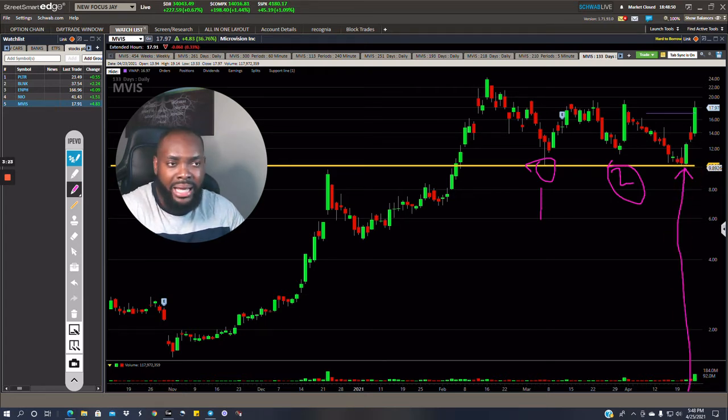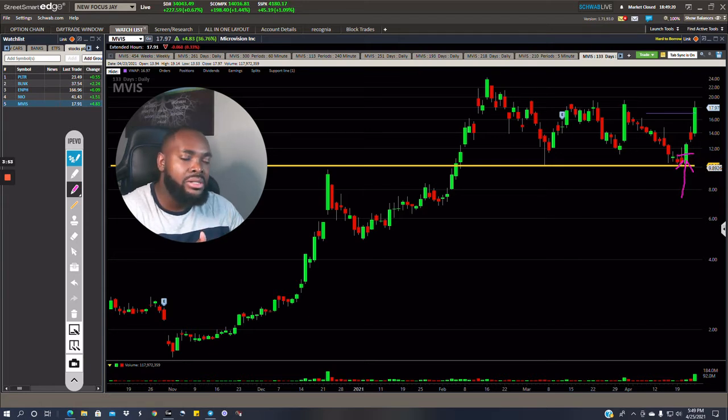MVIS came right back down to $10, built a very nice consolidation, and this was the day to get in on MVIS and take a trade with the probability that it has the ability to move back up to 17 or probably $24.